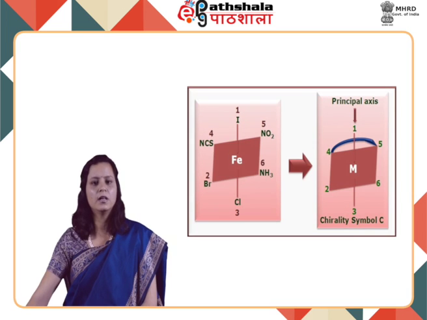For example, for the hypothetical complex chromium(III) iodide, chloride, bromide, amino, nitro, SCN, we would assign the priorities to the groups: iodide as 1, bromide as 2, chloride as 3, thiocyanate as 4, nitro group as 5 and amino group as 6.